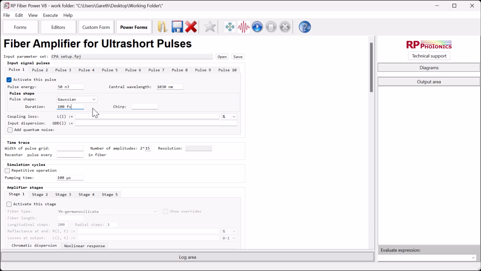This is the pre-stretched pulse. To simulate the stretching, we apply a second order dispersion of 3.6 times 10 to the 6 femtoseconds squared. This assumes that we can stretch the pulse without introducing additional nonlinear effects. Next, we set the temporal width and number of amplitudes we simulate, essentially defining the temporal resolution of the simulation.